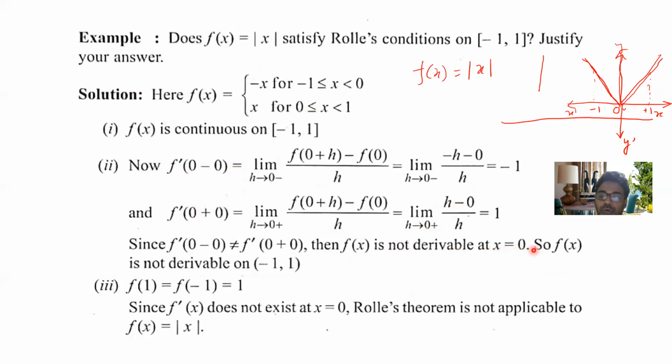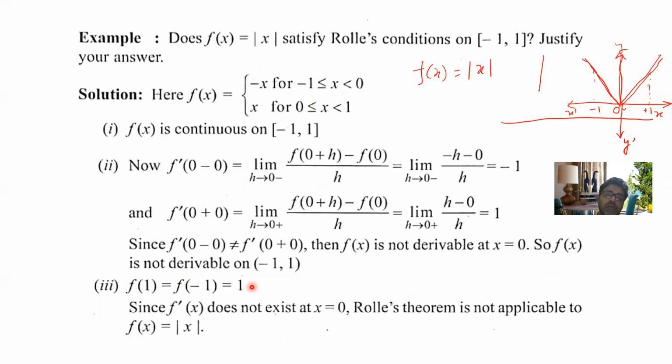Very simple. Here I also try to satisfy the third condition: f(1) is equal to f(-1), that is f(a) is equal to f(b) is equal to 1. No need to check this. If out of the 3 conditions any one is not satisfied, then you can stop the calculation and conclude that Rolle's theorem is not satisfied.